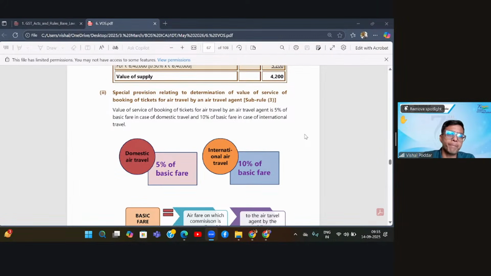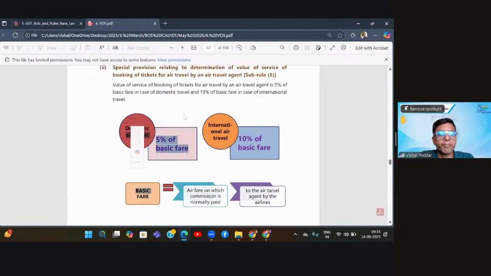If what is booked is a domestic travel, then it is 5% of the basic fare. And if it is international, it is 10% of the basic fare. Now, what is the basic fare? I have already explained. In the total ticket value of 10,000, the airlines has given the basic fare as 6,000, because the other things are different port charges and other charges.